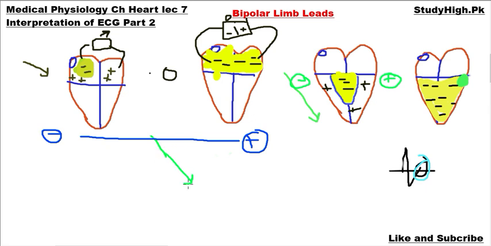These two terminals, negative and positive, are further connected with our electrocardiographic voltage meter, negative terminal and positive terminal, and how much potential can be recorded by this voltage meter depends on the projection.